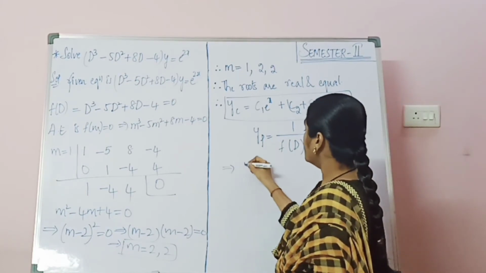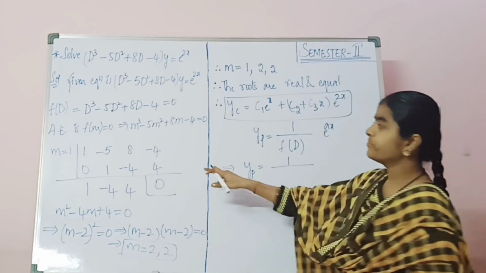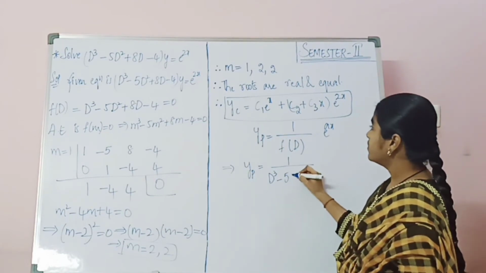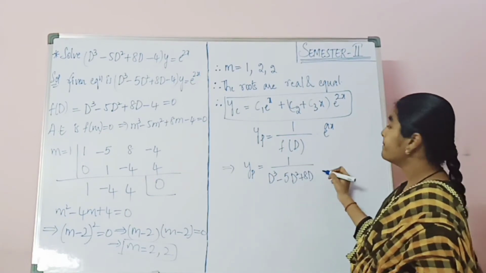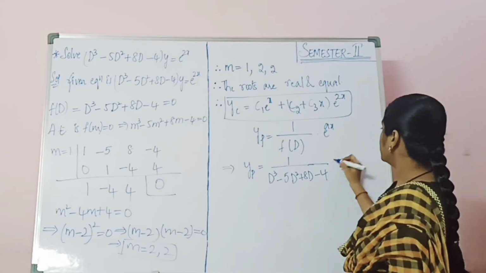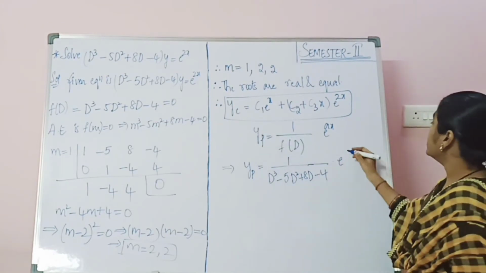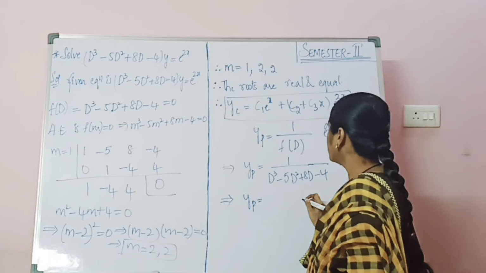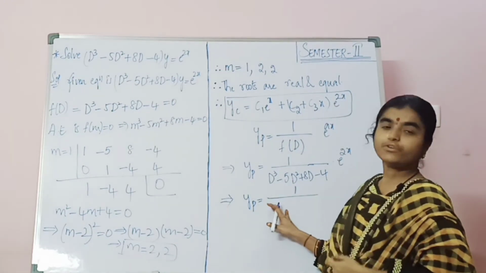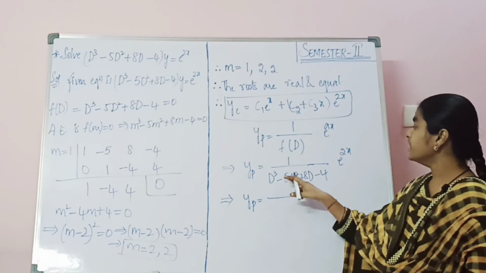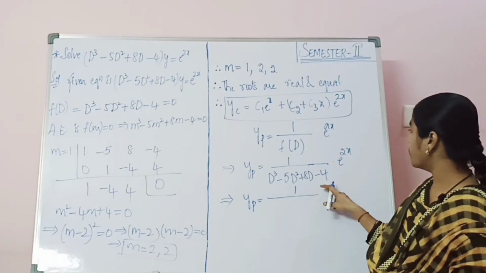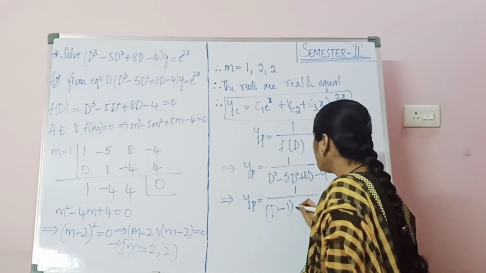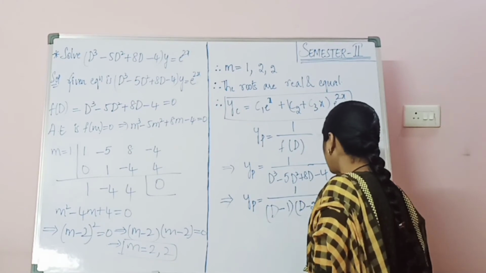So that implies Yp equals 1 by D cube minus 5D square plus 8D minus 4 into e power ax, and here we take e power 2x. According to case 2, we can write this as 1 by (D minus 1) into (D minus 2) whole square into e power 2x.